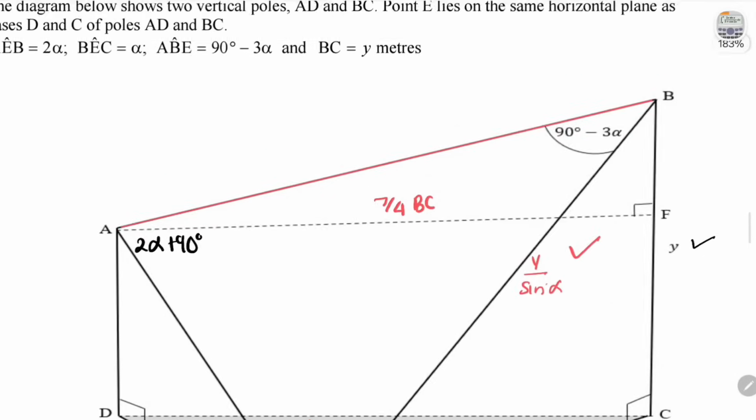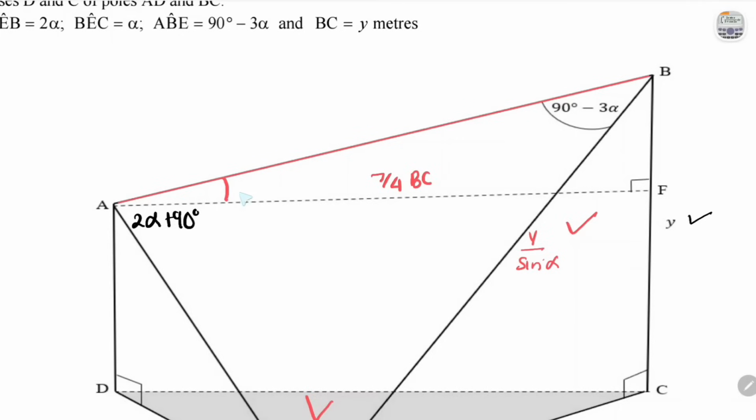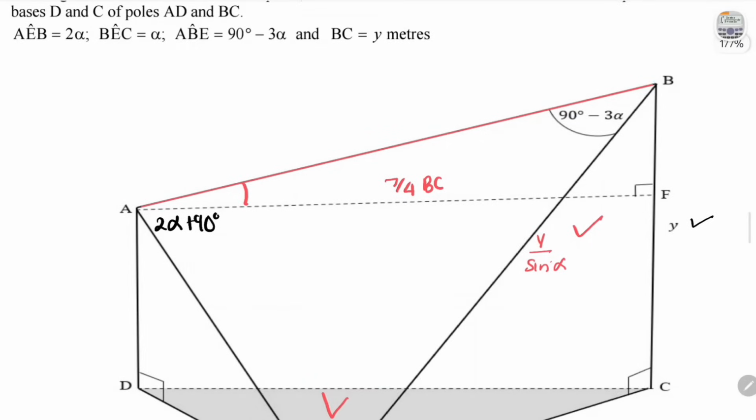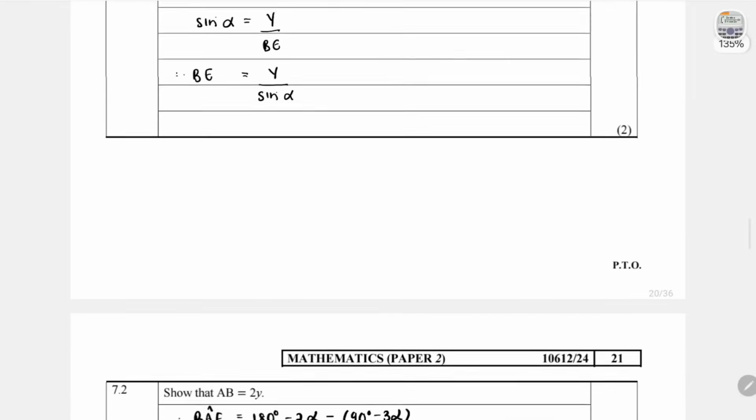That's just y. And then they told us to find this angle over here, BAF. Okay, so we are working with this right-angled triangle. And we have been told that this is the angle we need to find. We have been given this side. So this is the side adjacent to that angle. And we already have AB, that was 2y.